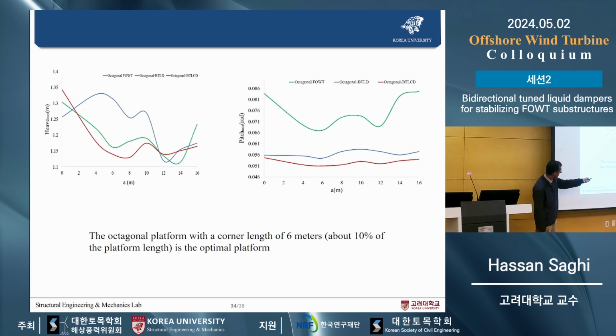We found the octagonal platform with a corner length A of 6 meters, about 10% of the platform length, is the optimal platform. We found the optimum octagonal substructure based on the pitch motion of the platform.